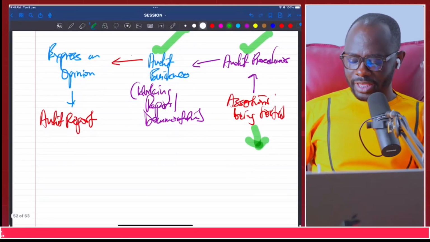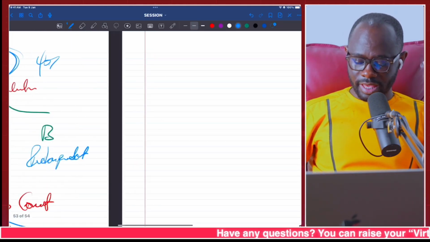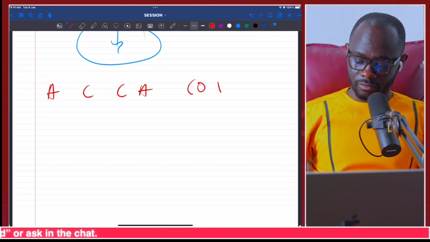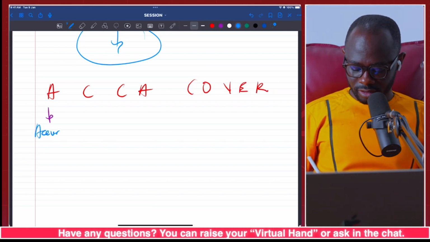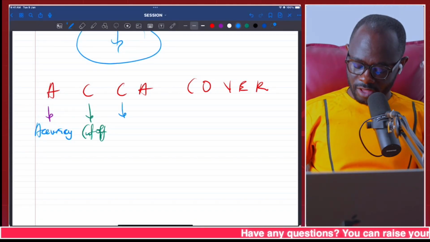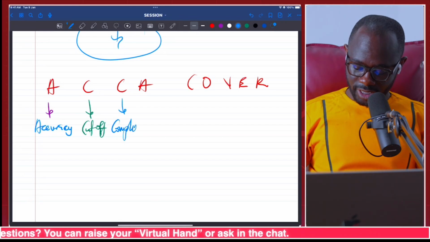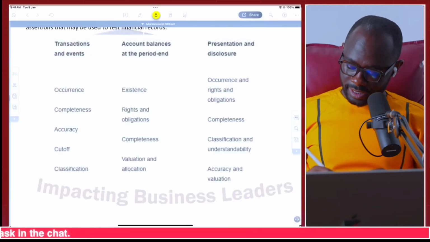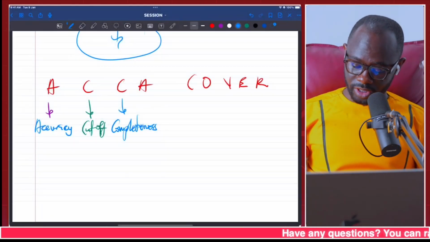You can remember the assertions also with the ACCA cover. Okay? The ACCA cover. And so we have accuracy. We have cut off. We can have classification, or maybe let me do completeness here. Then the other A can be allocation.